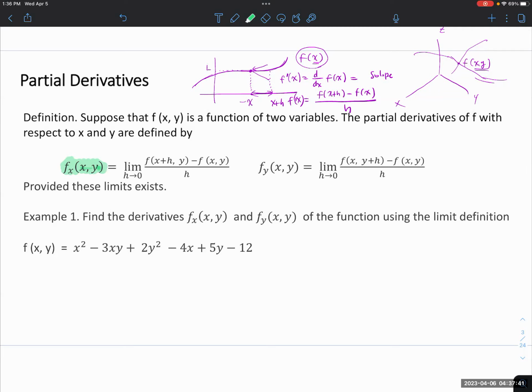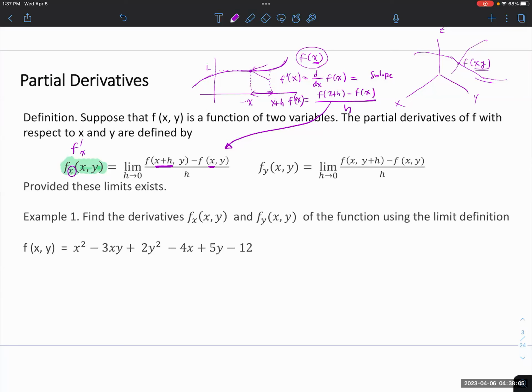So we are going to break them into two different cases. One is you take the derivative with respect to the x variable only, and then you change the x part, x plus h, and keep y the same. Then you apply this definition of differentiation and you can find the slope.